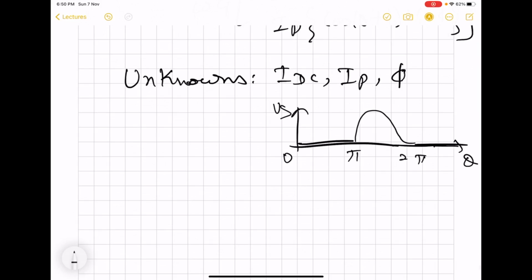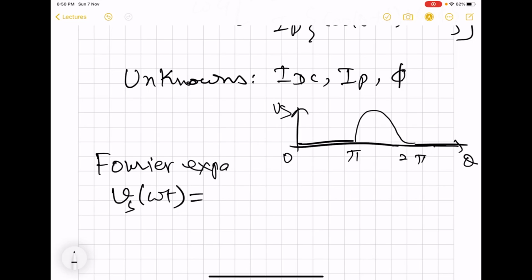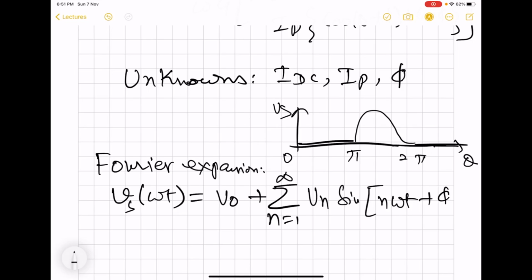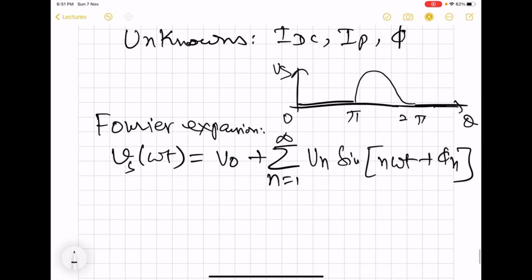So in general, this Vs will contain various harmonics. If we do the Fourier expansion, we will have a DC component and various harmonics, where phi n is the initial phase of the nth harmonic, and Vn is the amplitude.